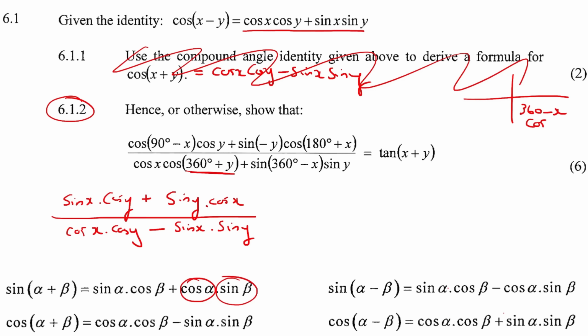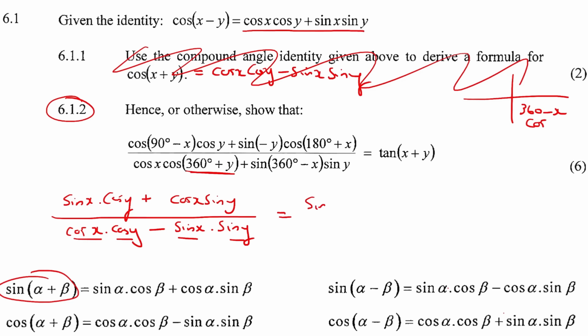We can easily switch that around because when you are multiplying, order doesn't matter at all. And then here we have a cos minus sin. So that's this one over here. Okay. So the top one is going to be rewritten as this. That's going to become sin(x plus y). And then the bottom one is going to be written as this, which is cos(x plus y).